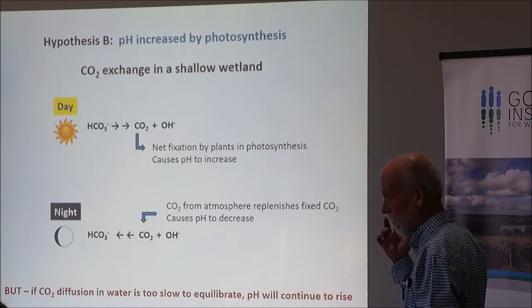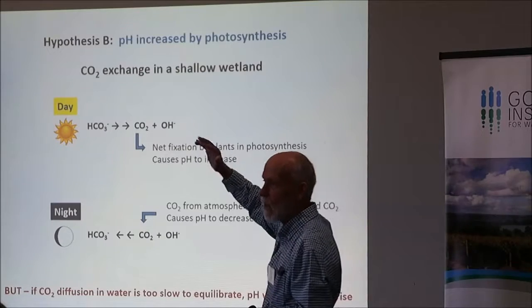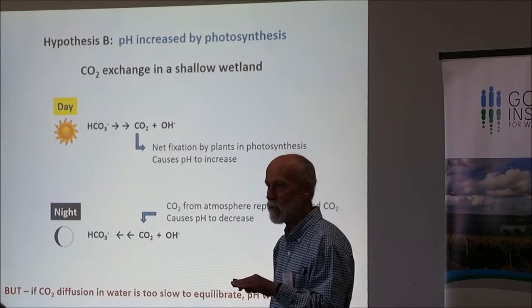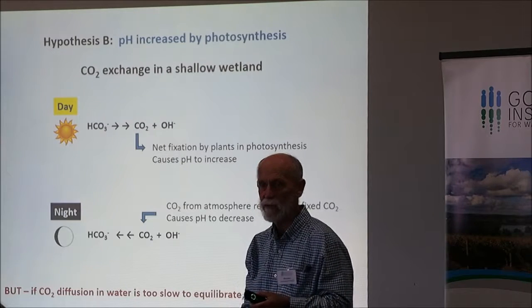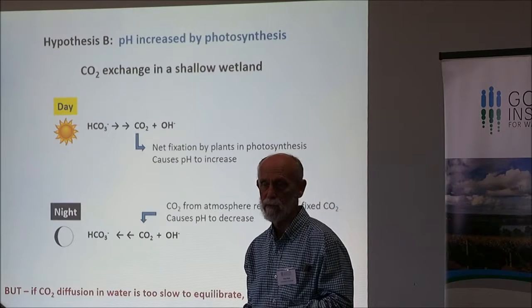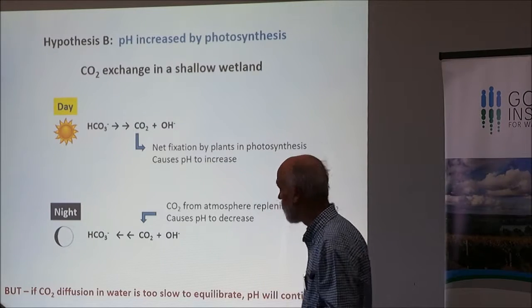Okay, so it looks as though it's to do with photosynthesis, but why does the pH stay high? One of the arguments would be that these are shallow wetlands. Carbon dioxide can diffuse into them, and every night it should come down to this base level.